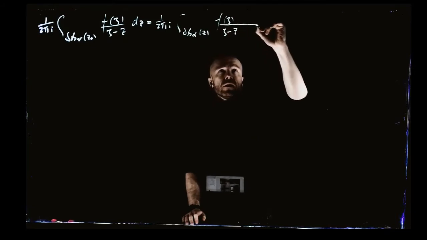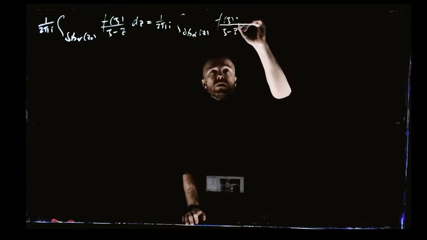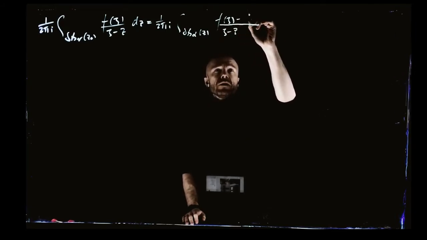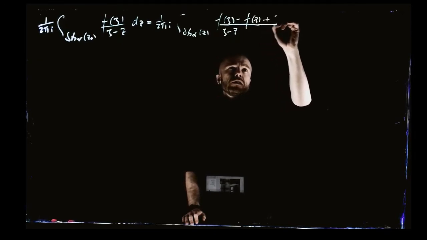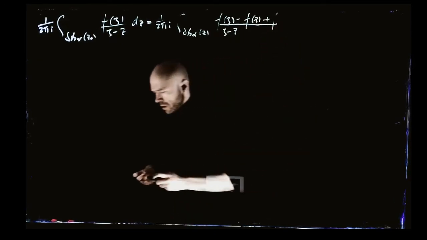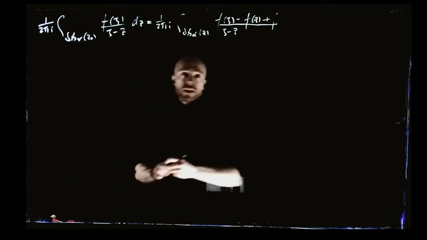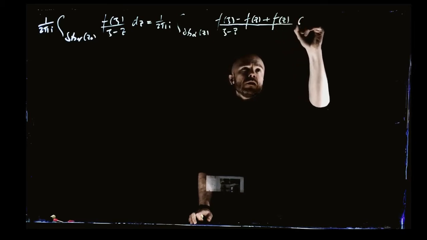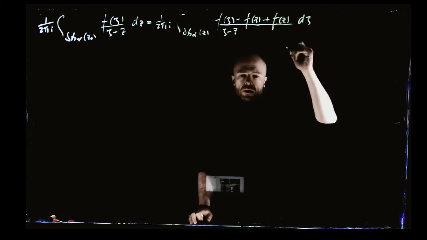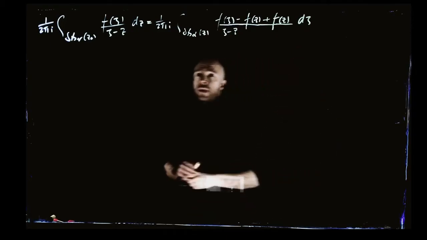Now, let's make a trivial adaptation to this. Let's write this as f of zeta minus f of z plus f of z, which for sure we can do. We can add and subtract something without changing anything, yeah? d zeta. Yeah, that's clearly true. And then let's break up that thing.